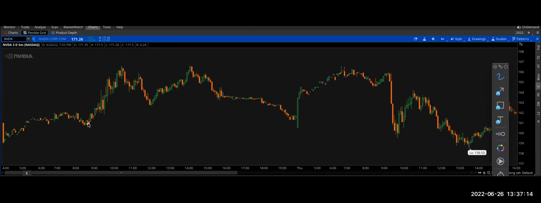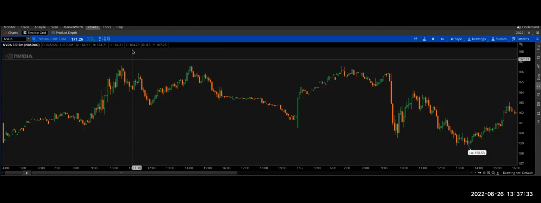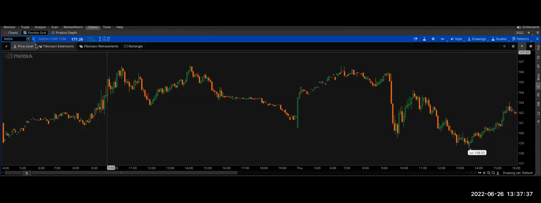Just by looking at this 5-minute chart, this is quite volatile. NVIDIA is very volatile. But if you look at it, you will see patterns, right? So let's do the price action tool here first. So this is the simplest tool. Let me do price for you.